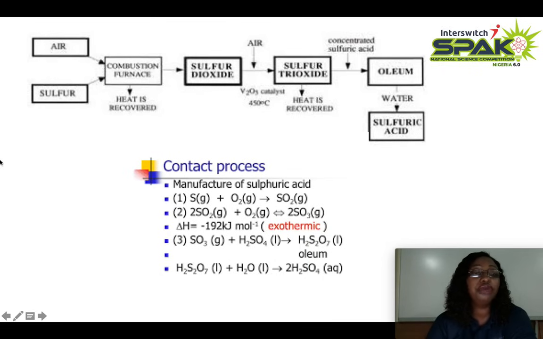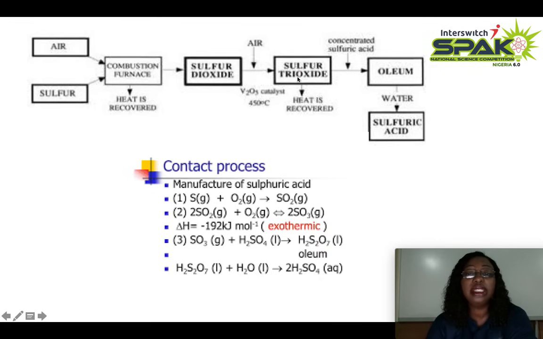So oxygen reacts with sulfur in a combustion furnace to produce sulfur dioxide, which is your SO2. SO2 reacts with more air to give you sulfur trioxide. This is one of the most important parts of this flow chart. During this process, vanadium(V) oxide acts as a catalyst at 450 degrees C, 2 atm. That's the pressure for this particular reaction.